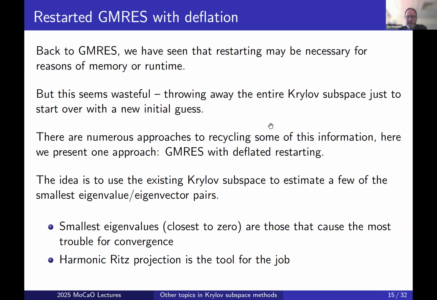So there's a whole host of ideas along these lines, how to recycle some of the information that you could have extracted from this Krylov subspace of dimension m. The approach that I've chosen to focus on here is called GMRES with deflated restarting, or GMRES-DR. I'll just say there are variants.